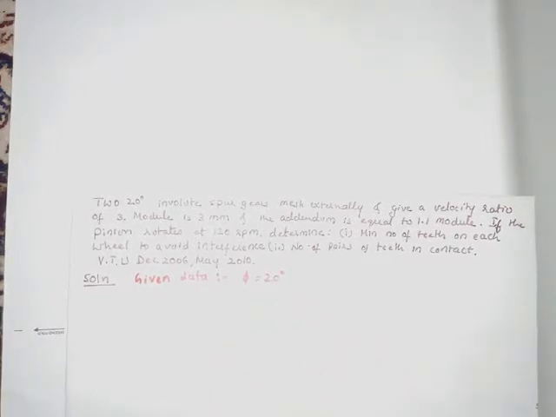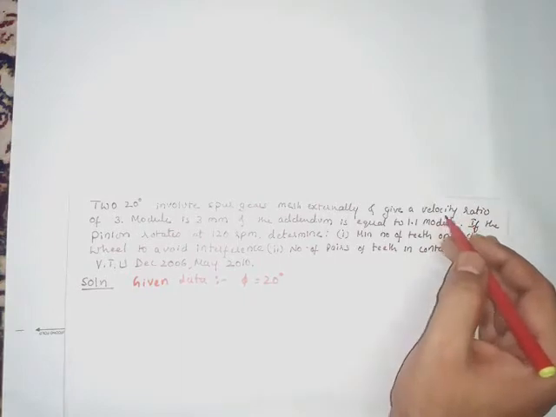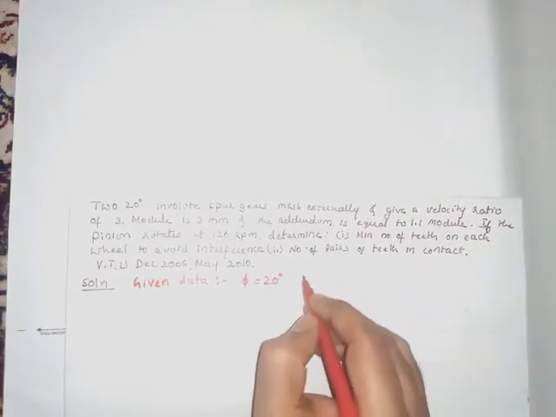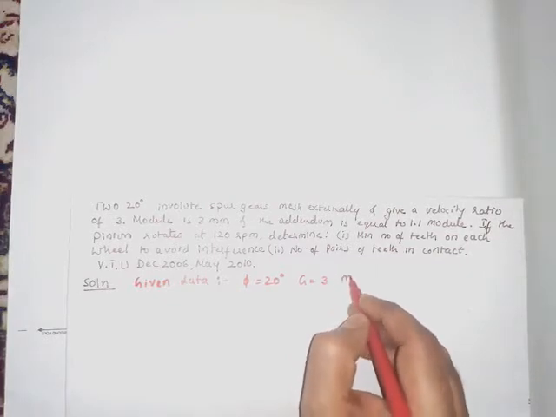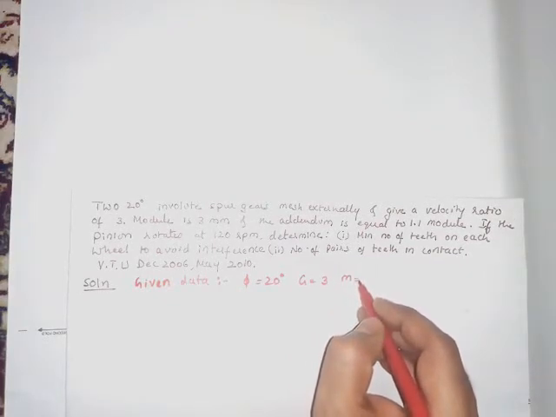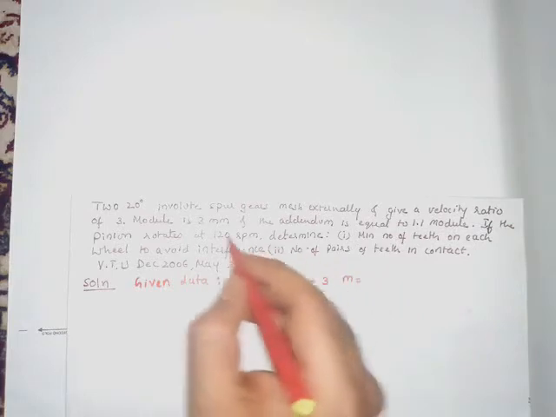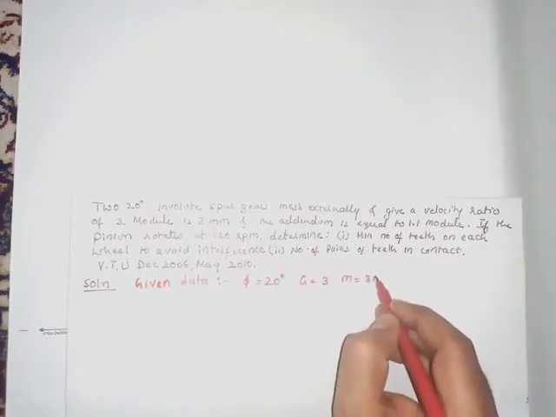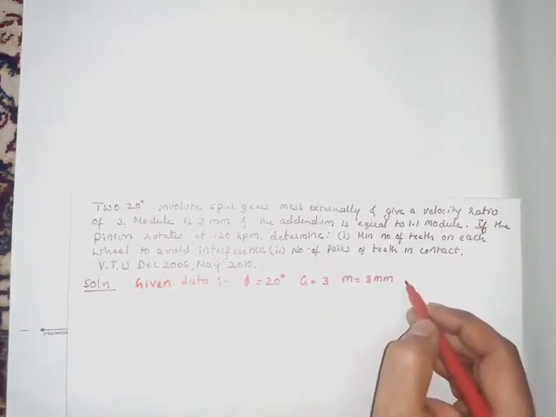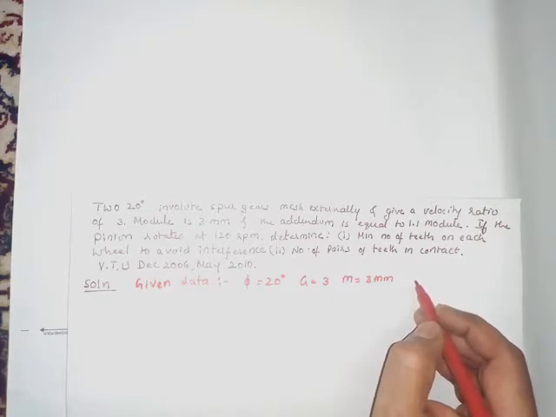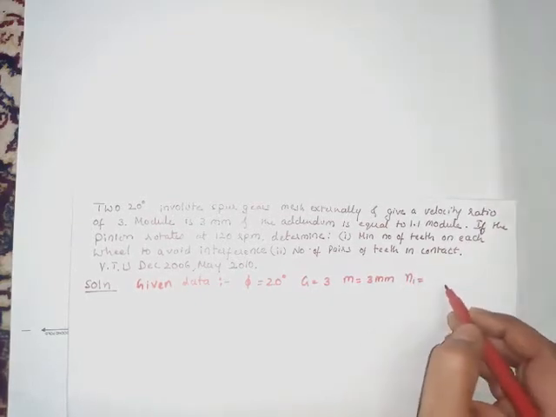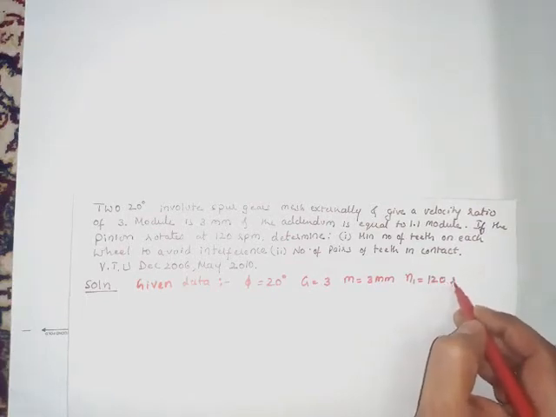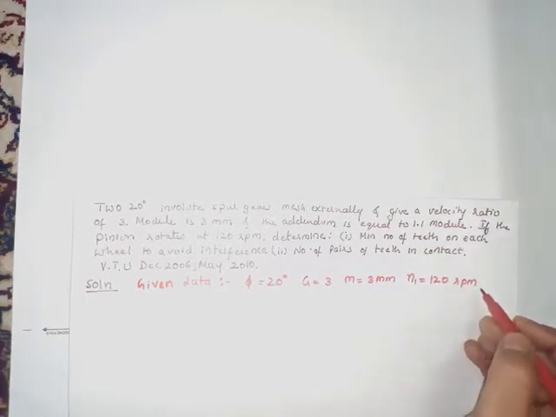After that there is gear, the velocity ratio G is given as 3, then module is given as 3 mm, then there is speed of rotation N1, I'll call it as N1, is 120 rpm.